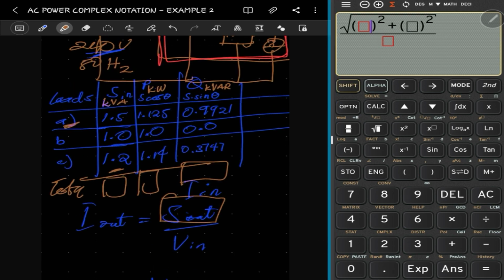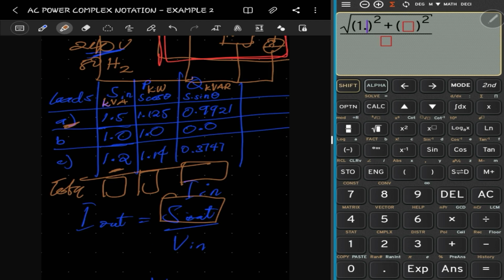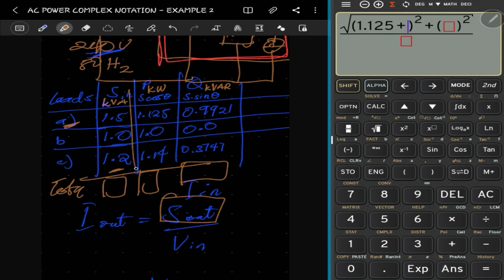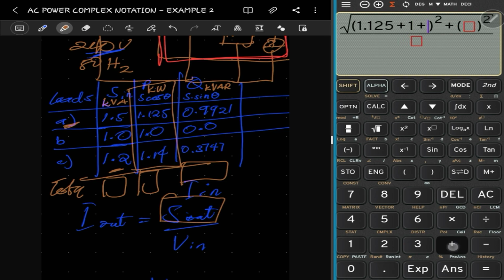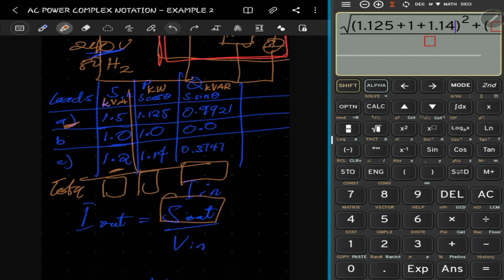For P, I have 1.125 plus, so now I'm adding this side, I'm adding here. Okay, and then 1, right? And then 1.14, right? I'm done with that one. Okay, so now I'm adding the Q's up.